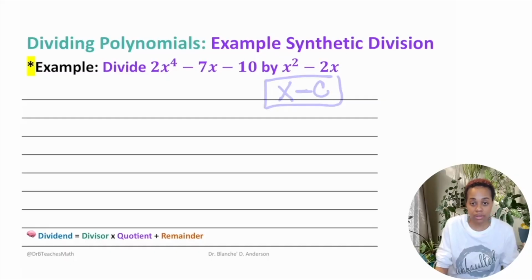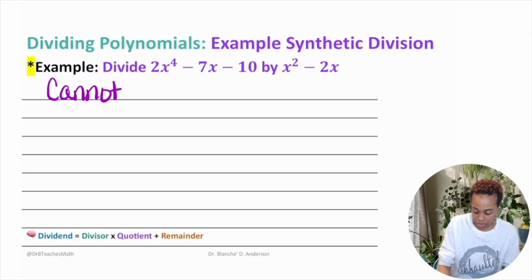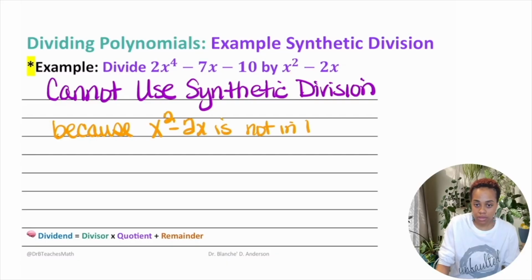I can't do that. Okay, so on this one, I'm just going to write: cannot use synthetic division. And you're going to say why? I'm going to say because x squared minus 2x is not in the form of x minus c.